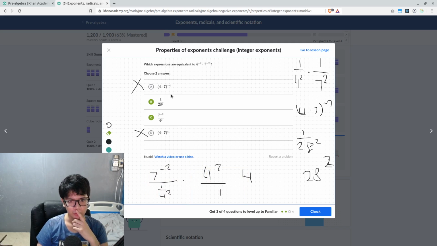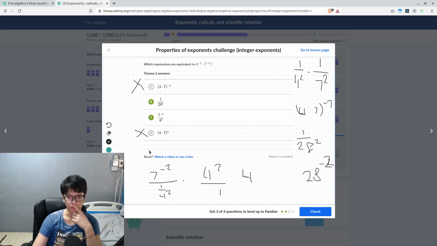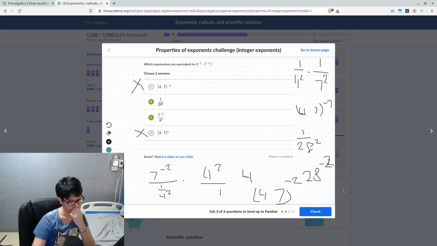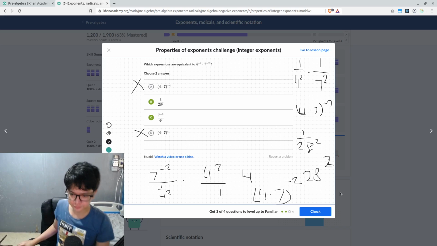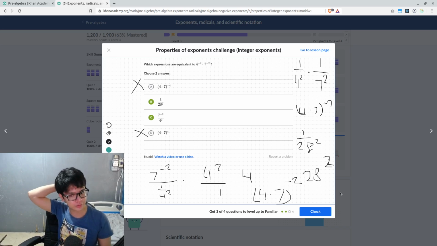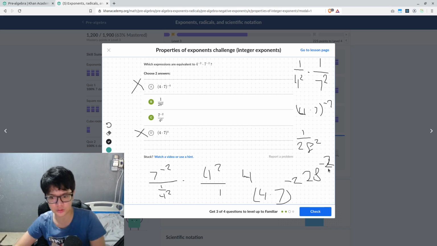It's 1 over 28 over 2, or 28 raised to negative. We could make it 4 times 7 raised to negative 2, that would work as well. But it doesn't seem to be the case.